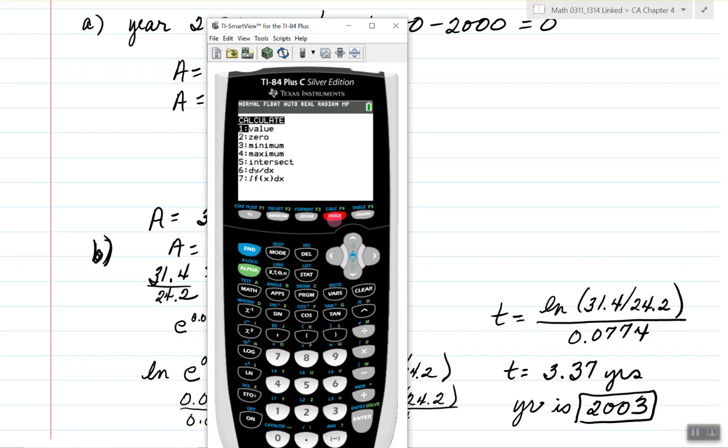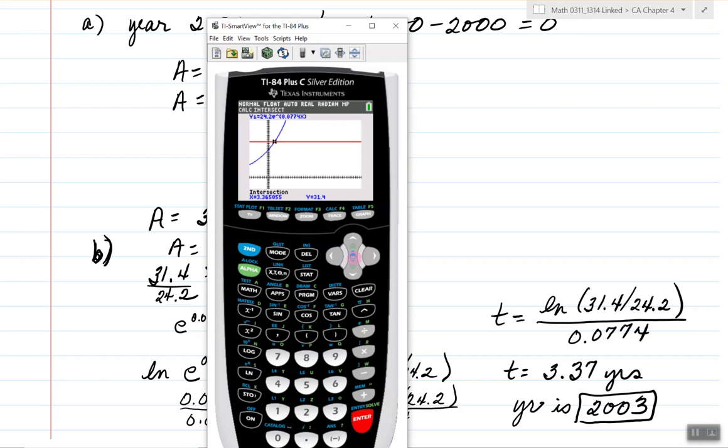Second intersect, number 5. And I toggled so that I am traveling along the horizontal line. Remember, when you're given a y looking for the x, you use the y equals and then intersect. 1, 2, 3. And there's my number, 3.365. That's 3 years after 2000, so it's 2003.